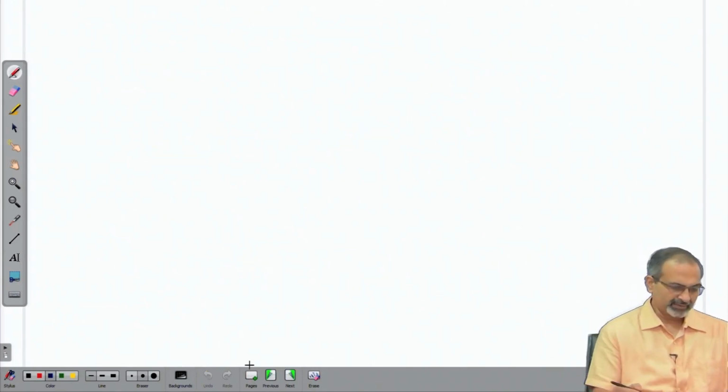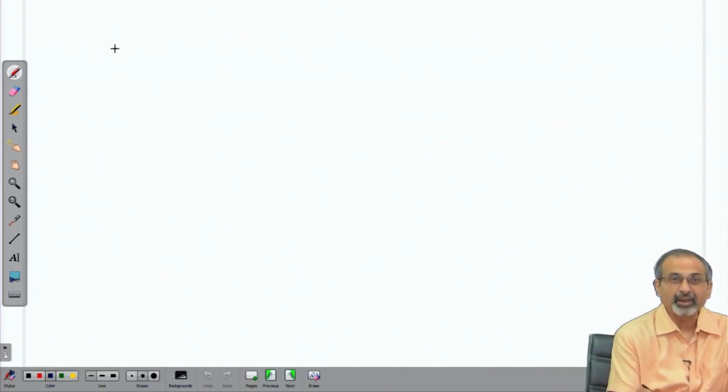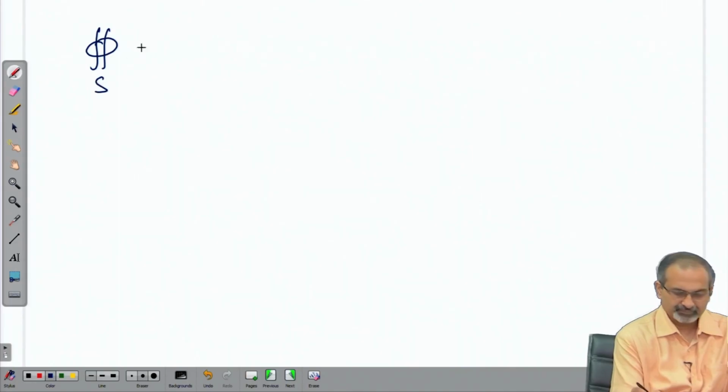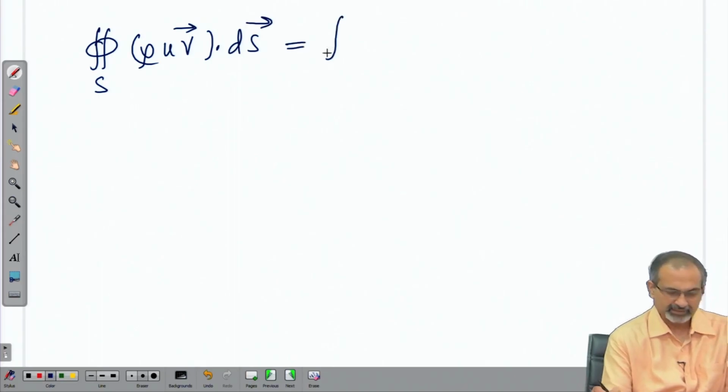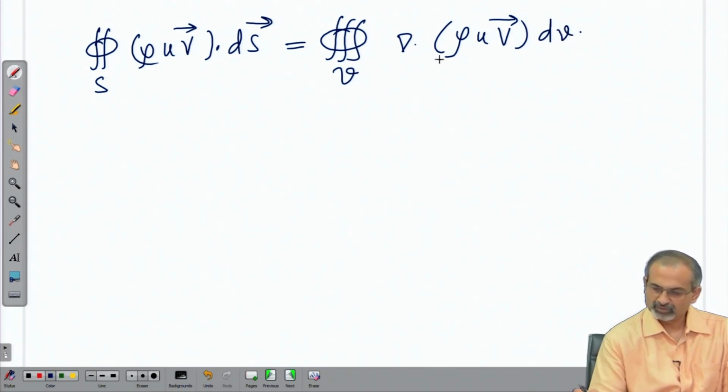So, if you do that, then there is a simplification in the sense that, applying the divergence theorem, you have to integrate this as a surface integral, so you convert it into a volume integral. This is done through application of the divergence theorem.